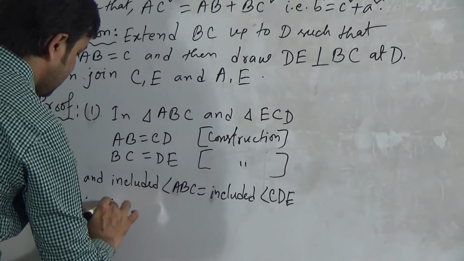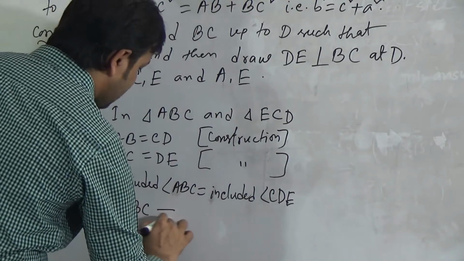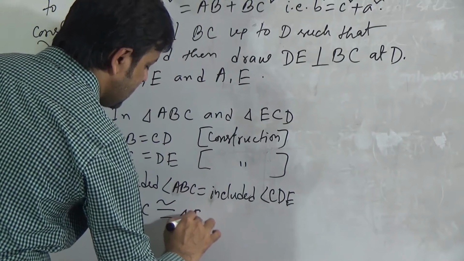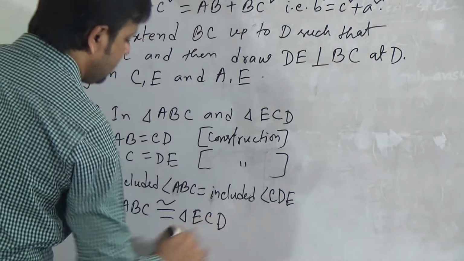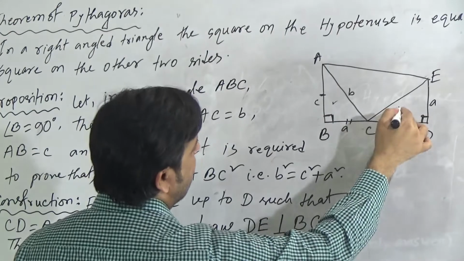It means triangle ABC is congruent to triangle ECD.